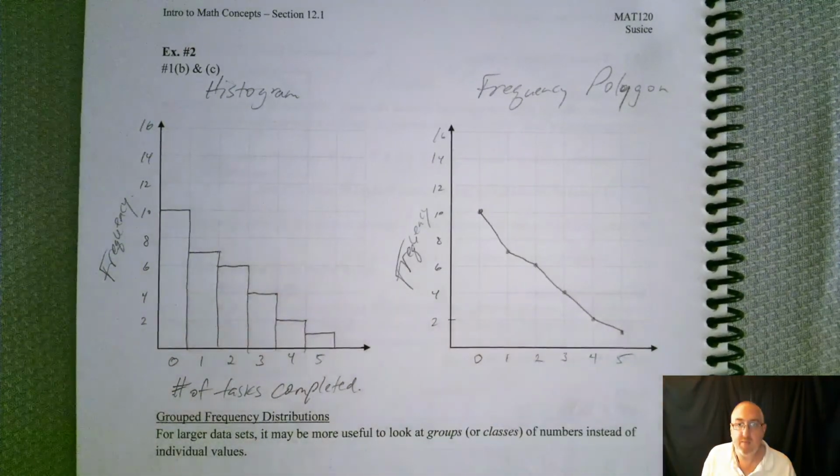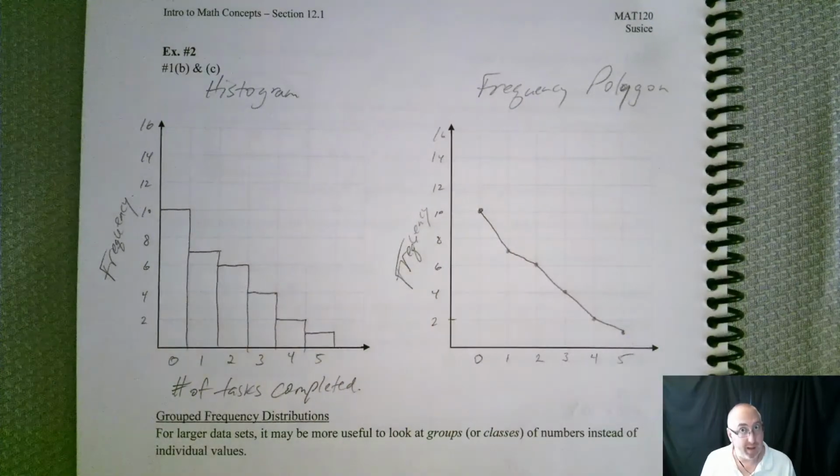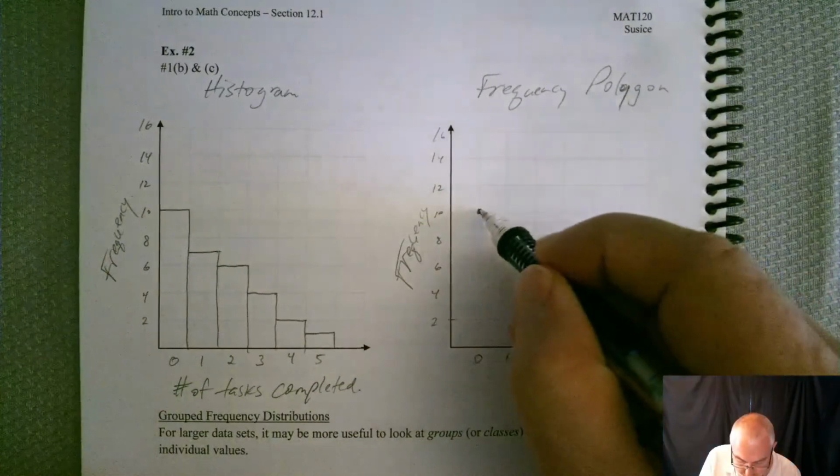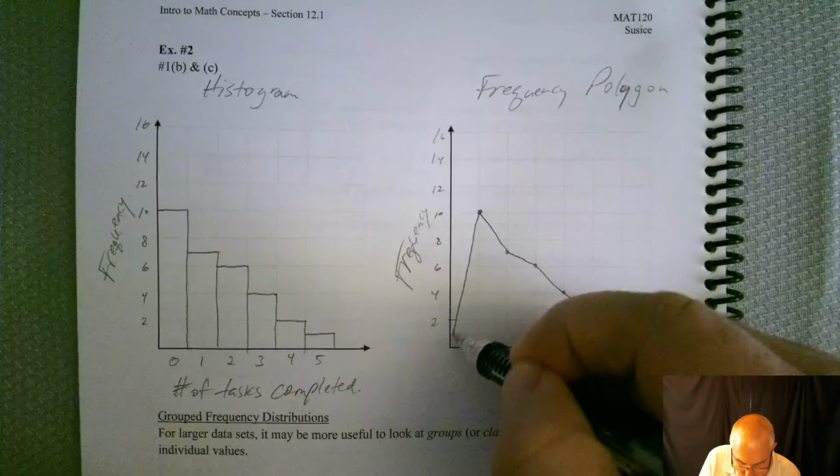Now, if we just left the line floating in space like that, then it would be a line graph. But we want it to be a frequency polygon. Remember what a polygon is: a simple closed shape. And right now we've got a floating line in space. So if we want to close this, we need to bring a line down from this dot.